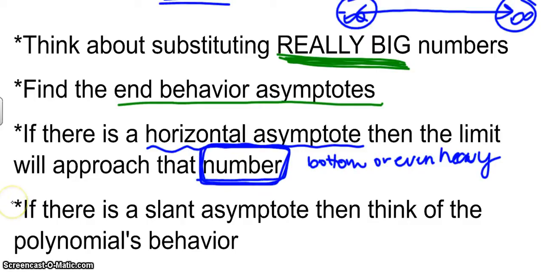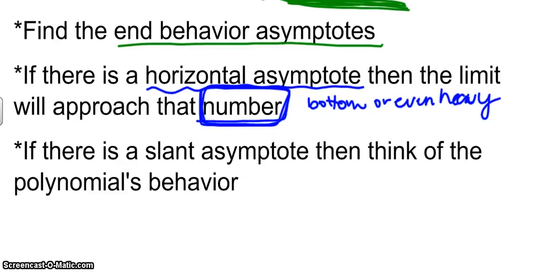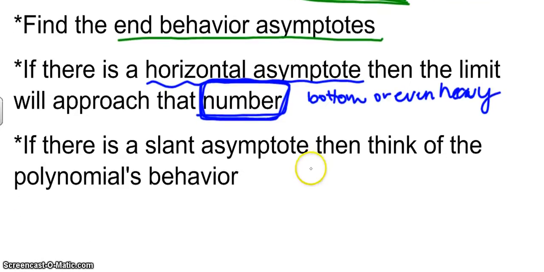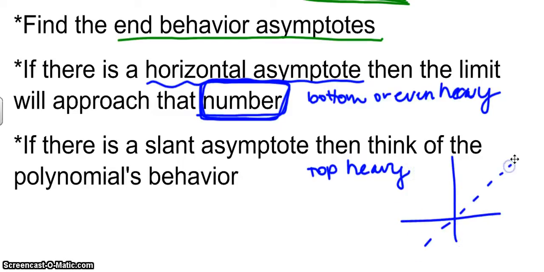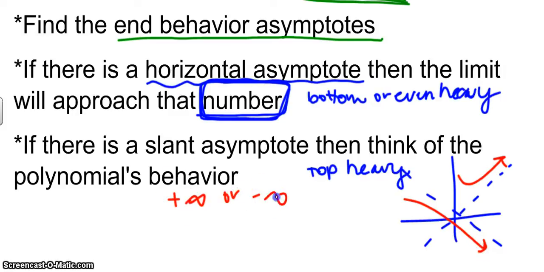If there had been a slant asymptote, so that means that our original function had been top heavy, then we would be looking at a graph something like this, and our limit would be either going to infinity or maybe it's going to negative infinity, so positive infinity or negative infinity.